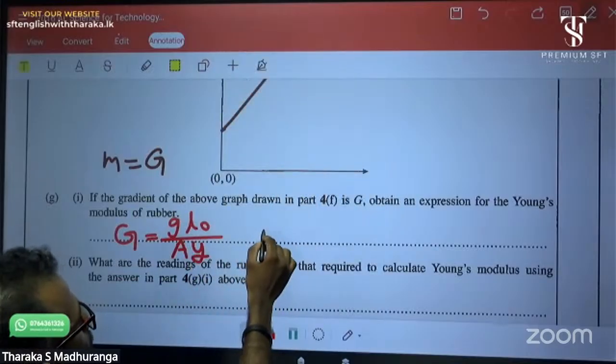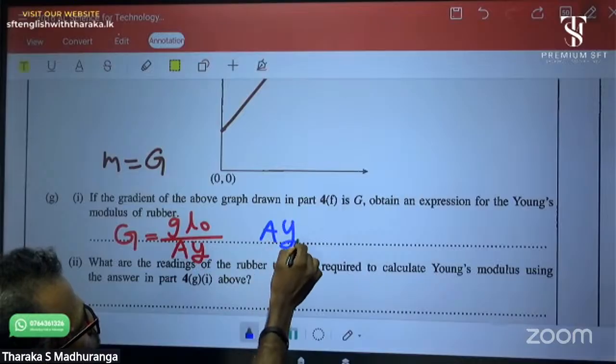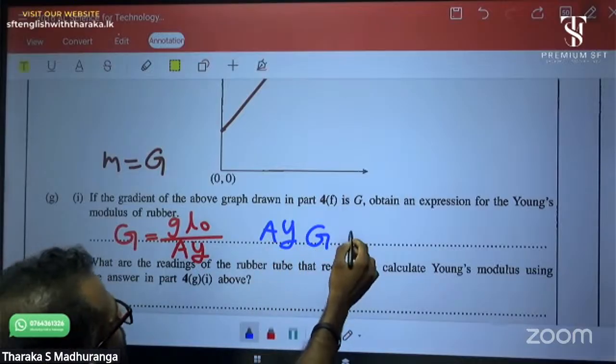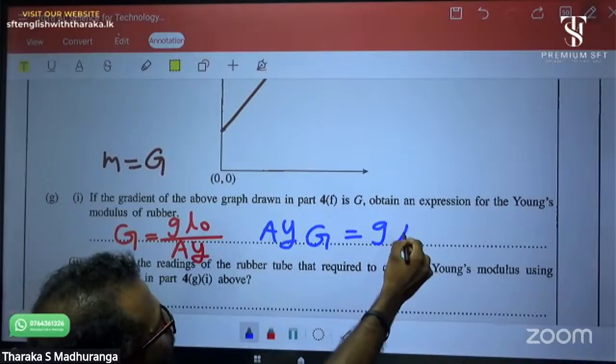First cross multiplication. A times Young's modulus times G equals G L naught.